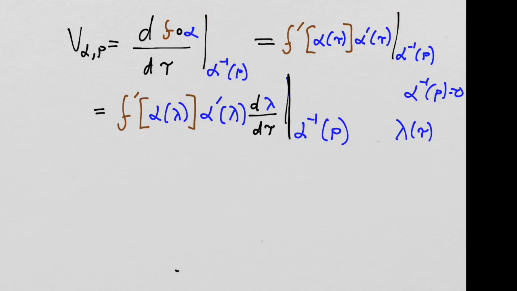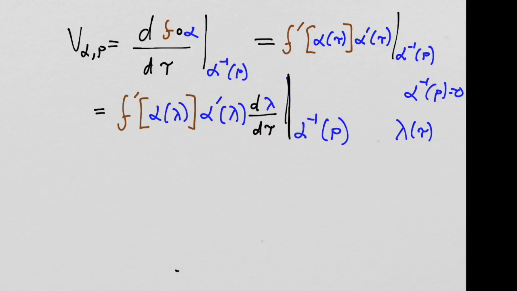So this part here is functionally identical to this. It's just this thing that matters. So this evaluates to a real number. I want this real number to be related to our scalar product.